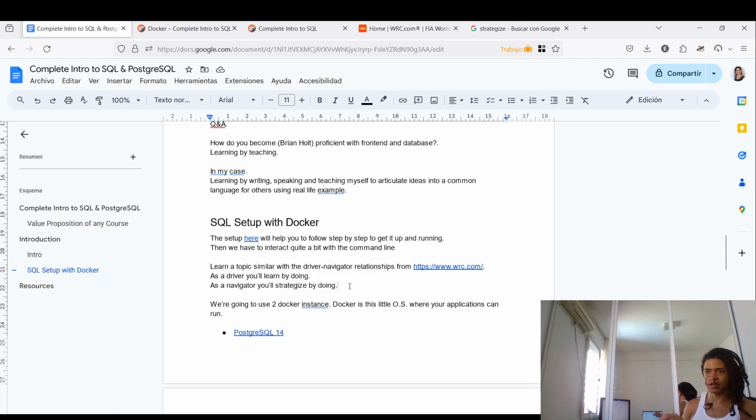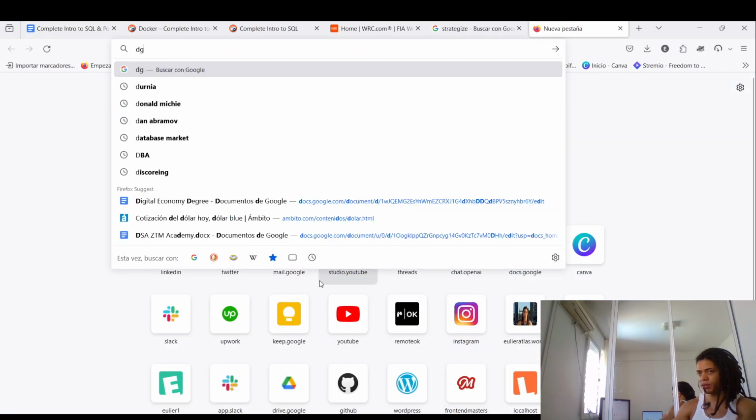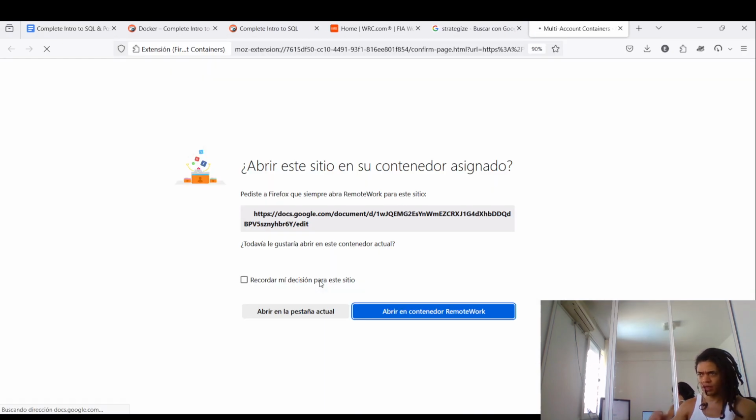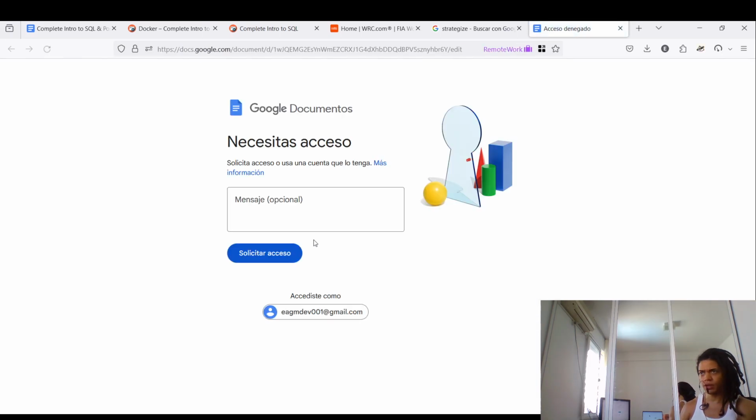That's the idea here: as a driver, you will learn by doing, and as a navigator, you will strategize by doing. This is also part of the thing, and one of the reasons why it is important to make this clarification.